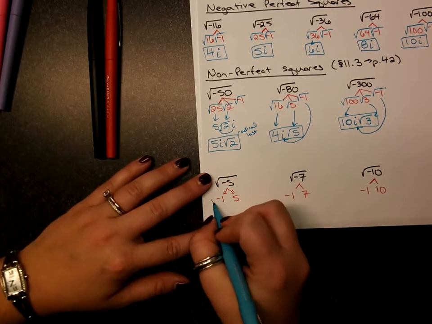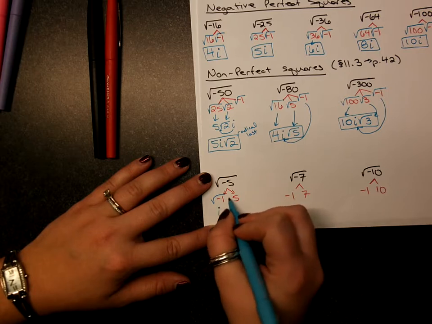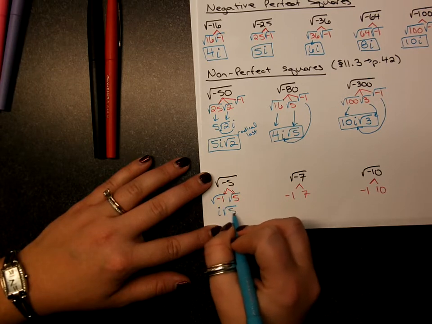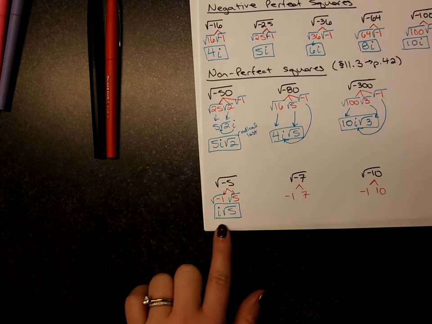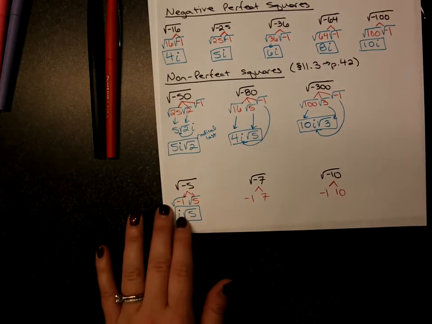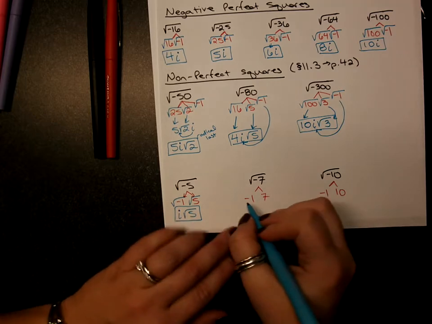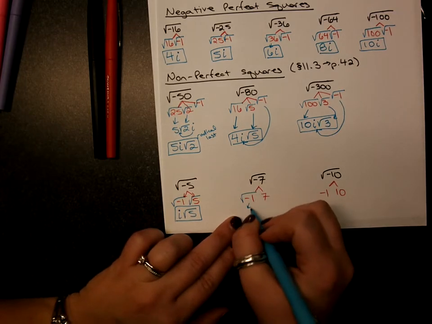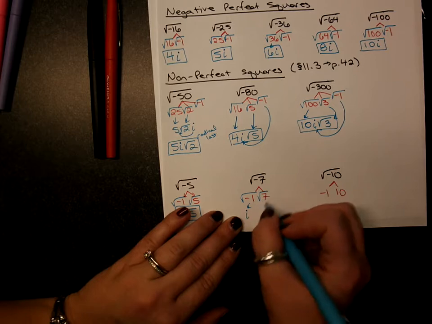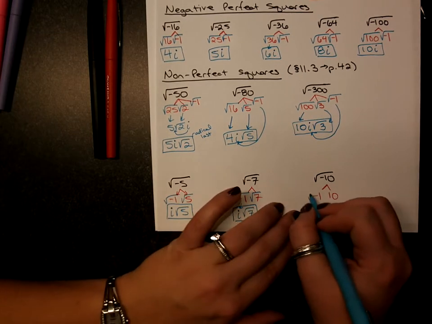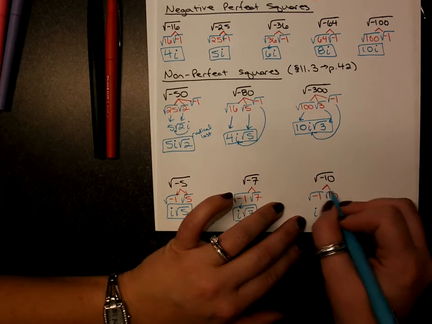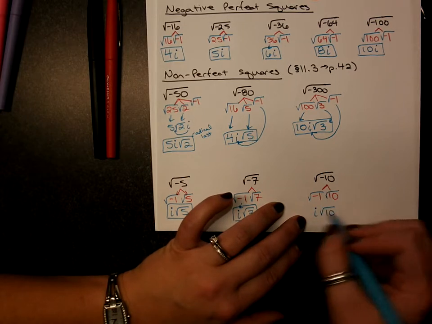For the square root of negative 1, we put I, and the square root of 5 stays under square root 5, so it becomes I radical 5. Makes me think of iRobot, I radical 5. And then again, the square root of negative 1 is I, the square root of 7 stays the square root of 7. Square root of negative 1 is I, square root of 10 stays the square root of 10.